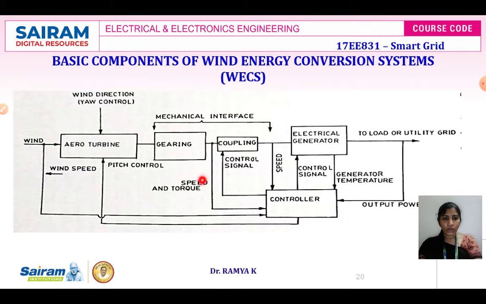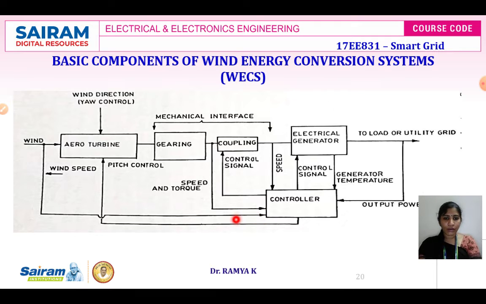To maintain a constant output to the load or to the utility grid, we have to connect the controller. So to maintain the output power constant, we take the output power and adjust the mechanical coupling so that the gearing part gets adjusted and the power is maintained constant.